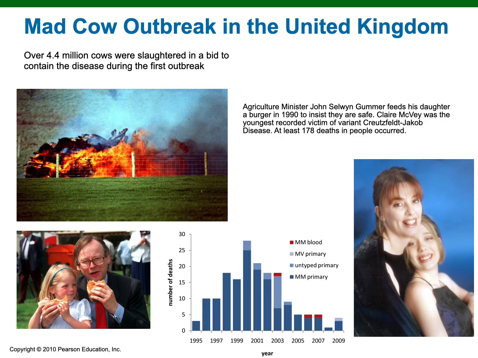In Europe, they wound up having to slaughter 4.4 million cows in an effort to contain the disease. And despite efforts to assure the public that it wasn't going to affect the public, we now know of at least 178 deaths that occurred in the public from ingesting beef that was contaminated with mad cow disease. So pretty dramatic.